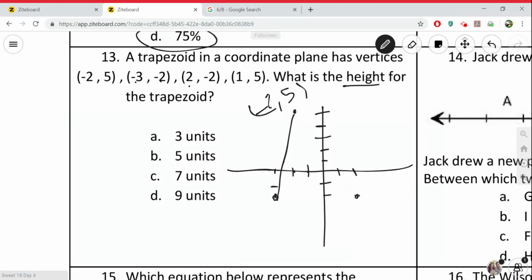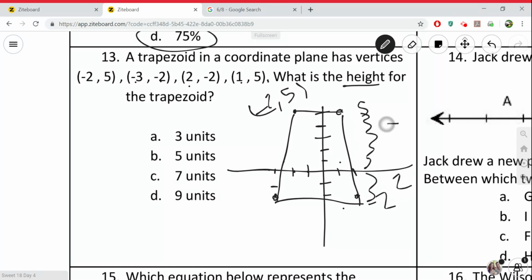And then I have (1, 5), so I have 1 and then up to 5. So I can connect these dots with my trapezoid. So if I go from the bottom, this is -2 to the top, 5, and then go 1, 2, so that's 2, and then 1, 2, 3, 4, 5, so that's 5. So together I end up with 7 units.